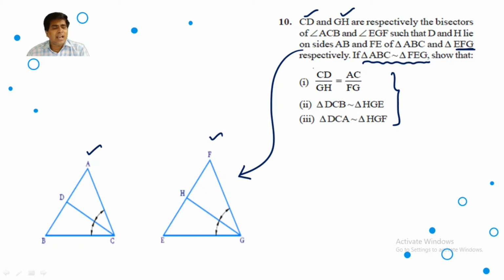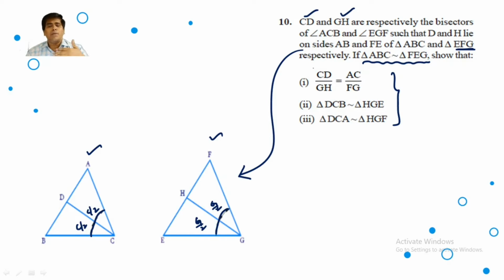When CD is an angle bisector, the total angle C is divided into C by 2 and C by 2. This is a very important observation. At G, this is the total angle G. When we draw the angle bisector GH, it divides the total angle exactly by half, so that is angle G by 2, angle G by 2. This is a very important observation that you have to keep in mind.